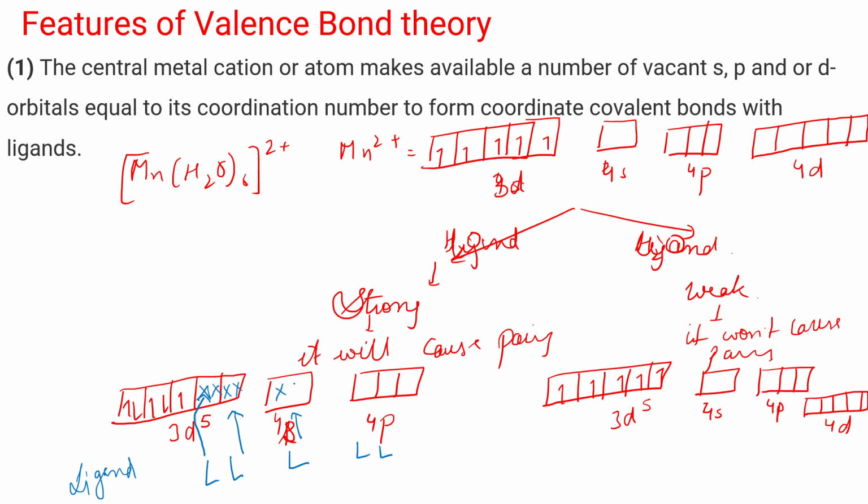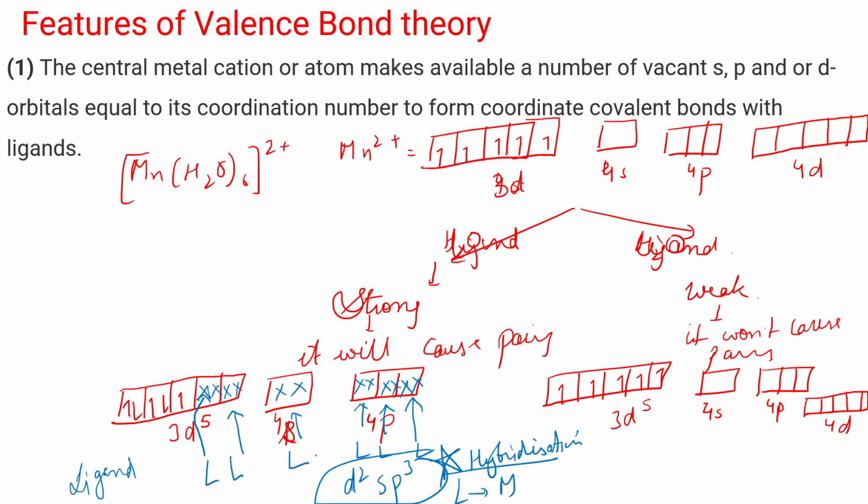Then this ligand will donate two electrons over here, this ligand will donate its two electrons over here, and similarly this one over here. So 6 ligands, 12 electrons will be donated, no? So it will be like this. d2sp3 will be the hybridization for the covalent bond generated via the donation of electrons from ligand to metal. Hybridization will be d2sp3 and such complexes are called inner sphere complexes.